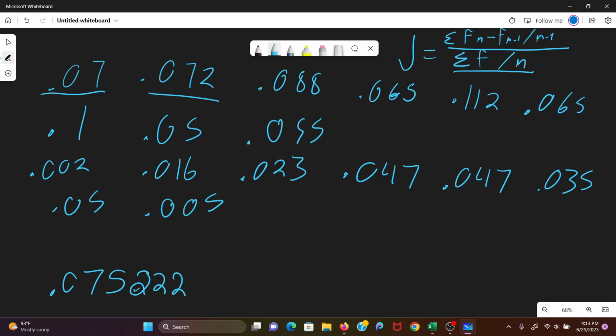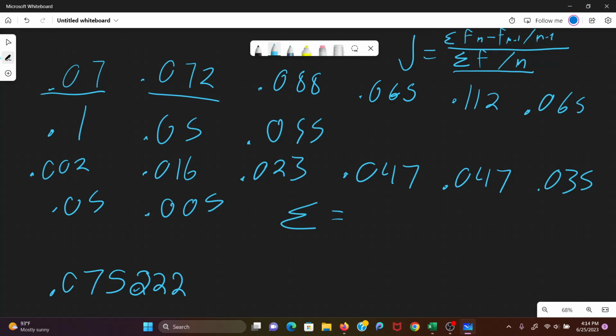Good. Add those together. 0.002 plus 0.016 plus 0.023 plus 0.047 plus 0.047 plus 0.035 plus 0.05 plus 0.005.